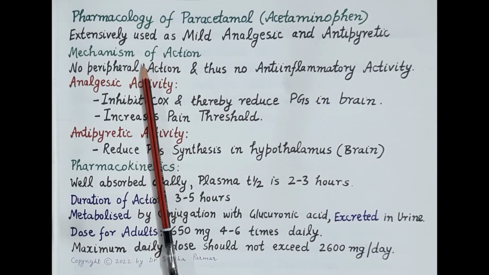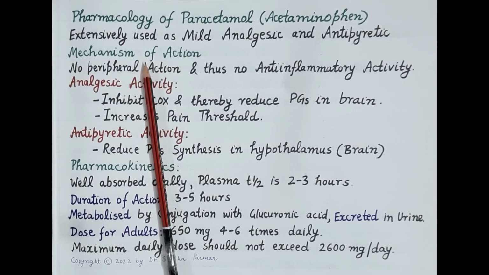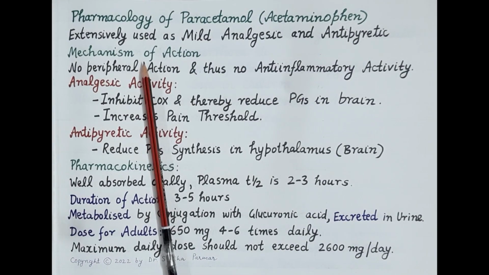Now let's talk about the mechanism of action of paracetamol. By now we know that NSAIDs like aspirin inhibit the enzyme cyclooxygenase and reduce synthesis of prostaglandins that cause inflammation, pain and fever. Paracetamol also inhibits the enzyme cyclooxygenase and reduces synthesis of prostaglandins.